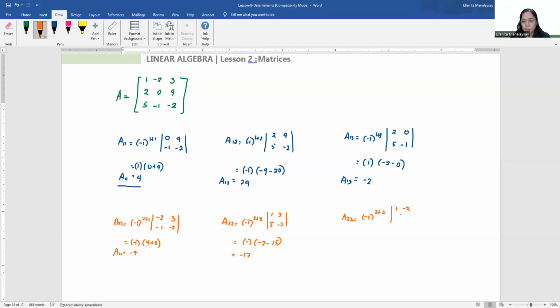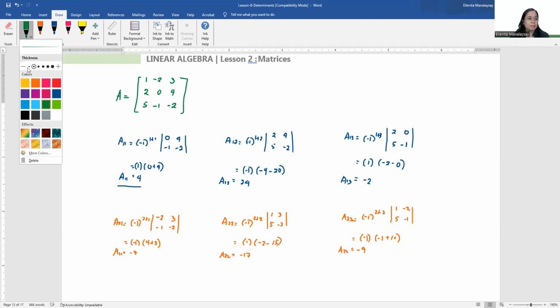This is equal to negative 1 raised to 5, that's negative 1, times 1 times negative 1 is negative 1, minus 5 times negative 2 is negative 10, so that is plus 10. Negative 1 plus 10 is 9, and 9 times negative 1 is negative 9. So this is A23. This one is A22.